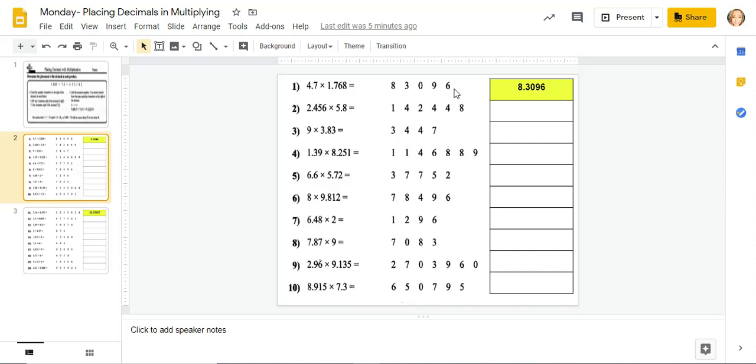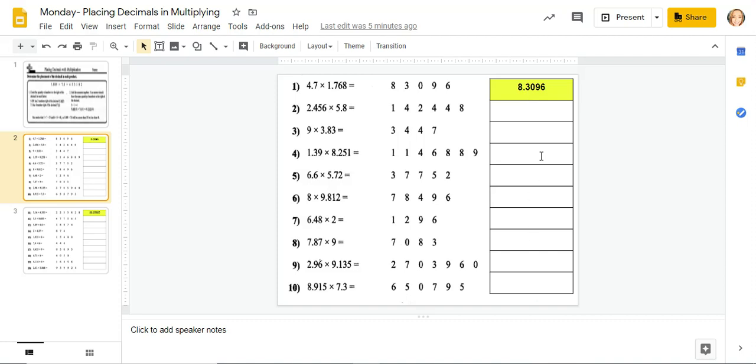So you're going to start from your end over here and go 1, 2, 3, 4. So your decimal needs to be in front of that number. You can check your work by counting however many numbers are behind your decimal in the end. So I've put 8.3096 as your answer. I plugged in my decimal right there.